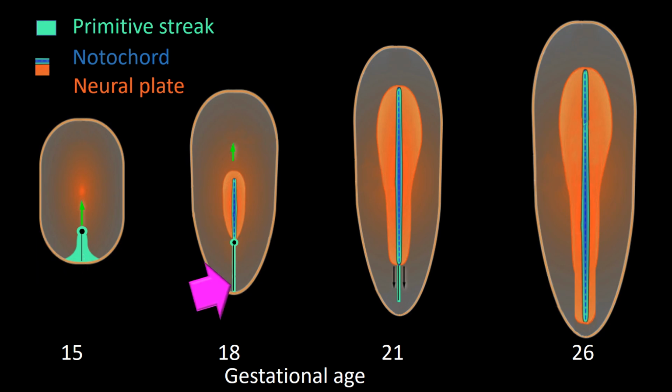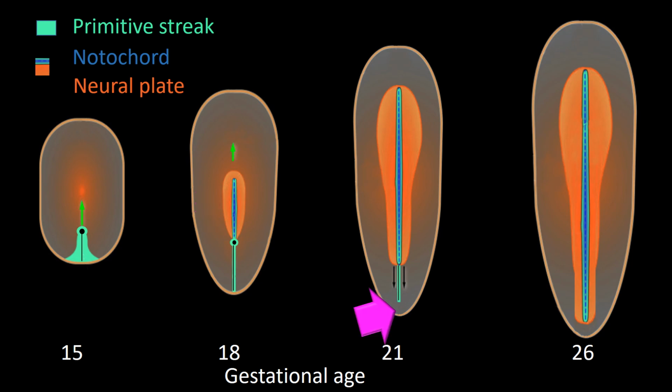By 18 days, the primitive streak has become a thin cylindrical mass and starts regressing. And on the same day, the notochord originated from the primitive pit, as we previously mentioned, is beginning to induce the formation of the neural plate.